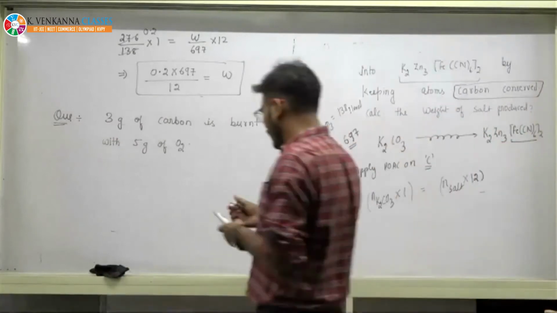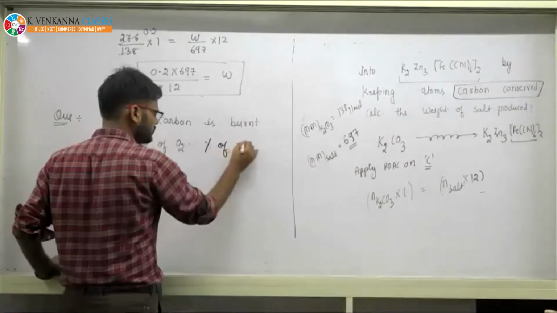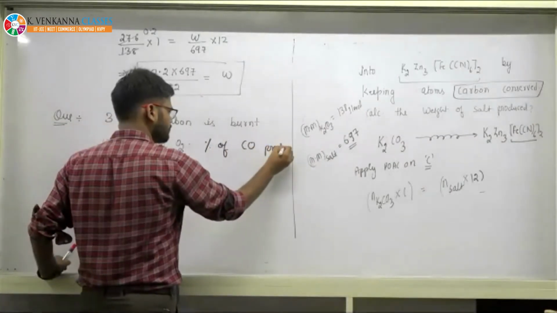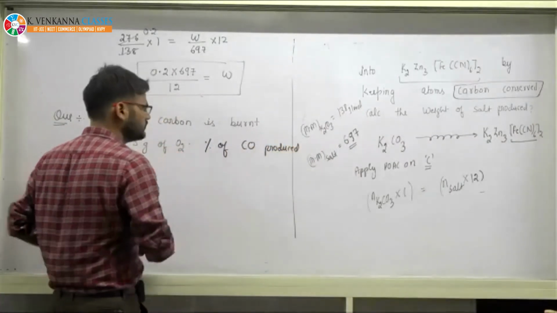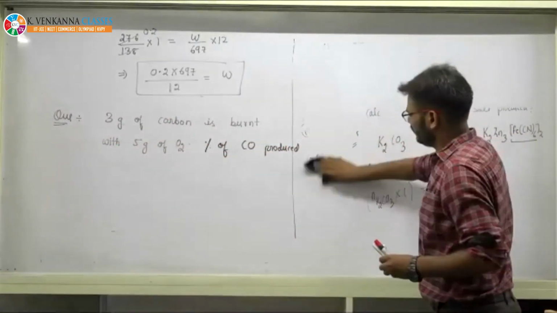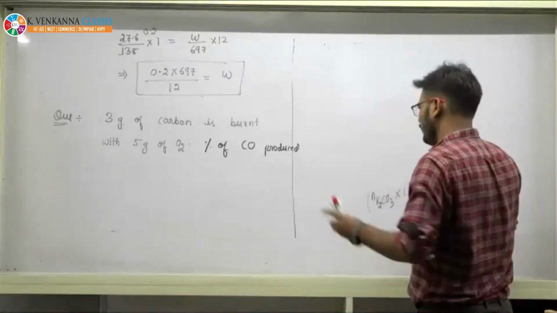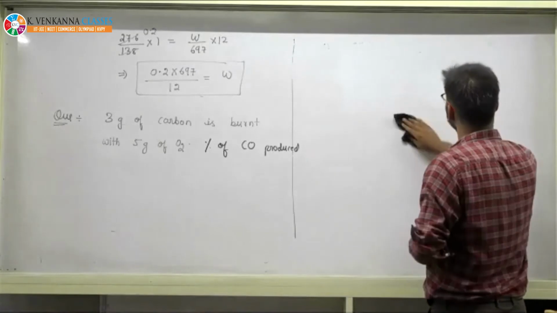Now it says if you burn carbon, CO will produce. So tell me the percentage of CO produced. It's a very important problem. I can assure you that while solving questions, while giving tests and solving DPPs, you will get such kind of problem again and again.